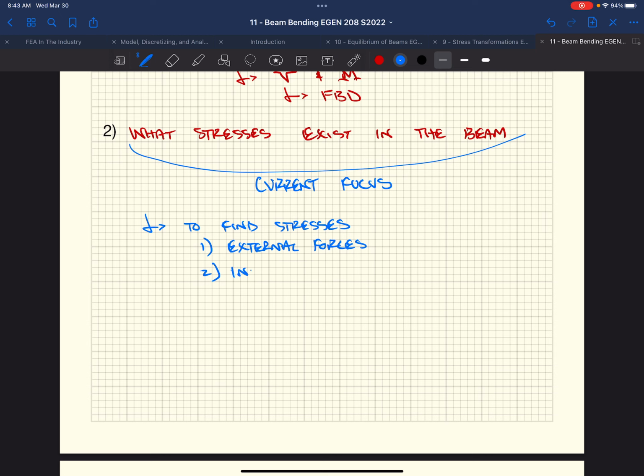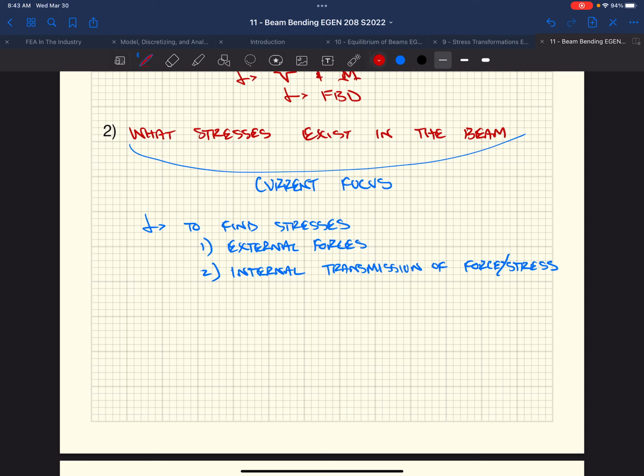We need to know now how the internal transmission of forces go from force to stress, right?